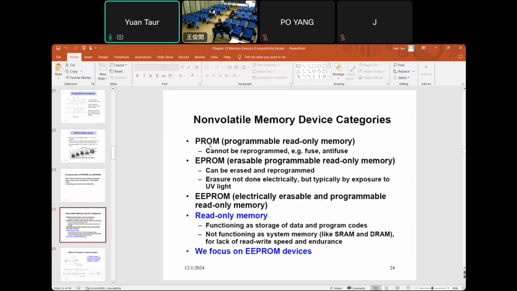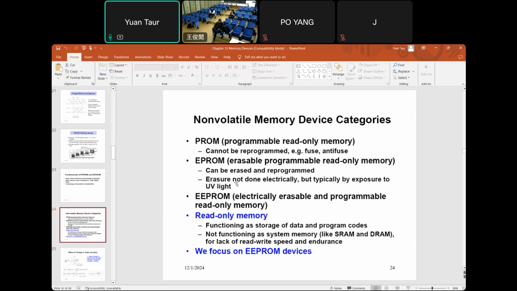So here first some of the terminology. ROM usually means read-only memory, and PROM is programmable read-only memory. And EPROM means erasable programmable read-only memory. And the latest is E2PROM. E2 means electrically erasable.